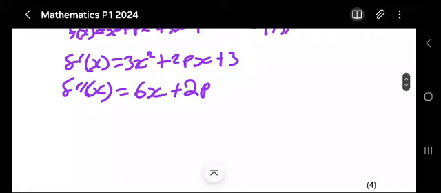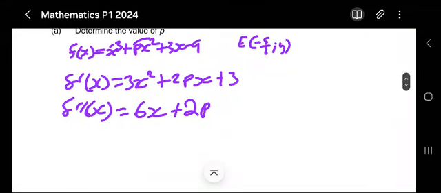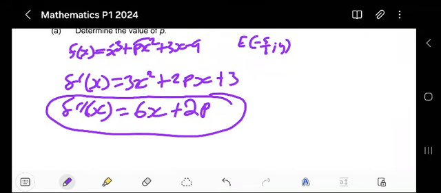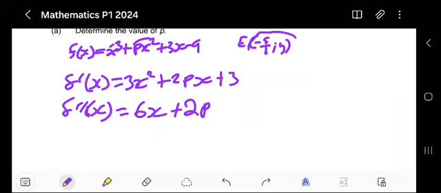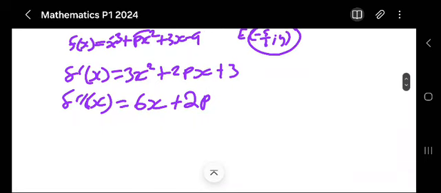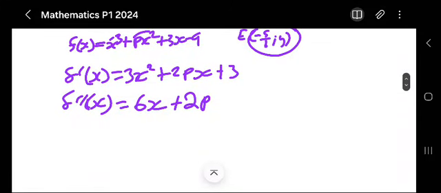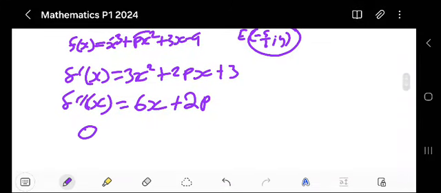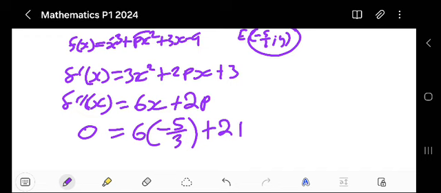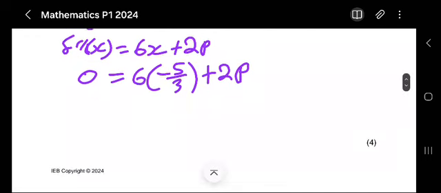Then let us take advantage of the turning point. Remember, it's an inflection point, so it's at the second derivative, and we know this is 0. We know the point of inflection, then substitute 5 over 3 for x, plus 2p equals 0.